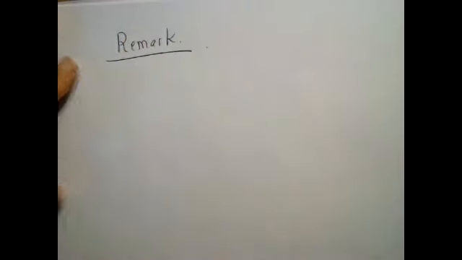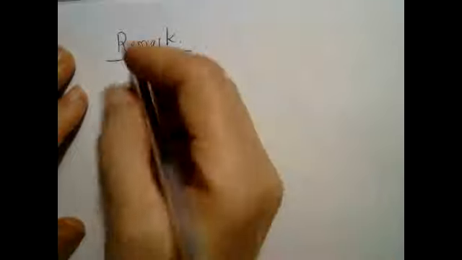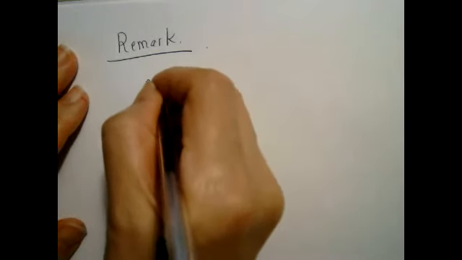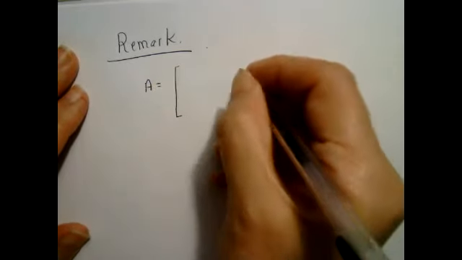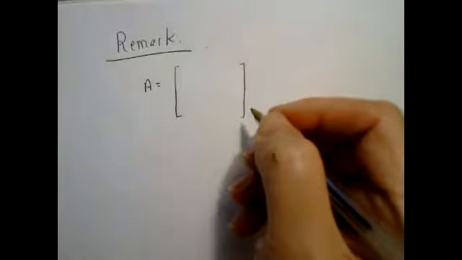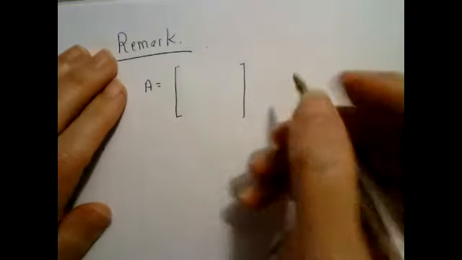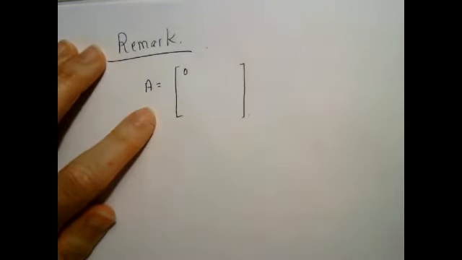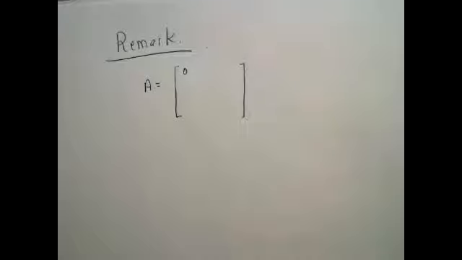Let me make an important remark, nothing new. Sometimes we have a matrix A, and this matrix has columns, of course. I'm going to pick one of the problems we did for the entries.